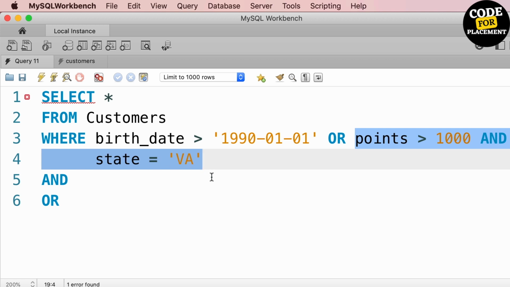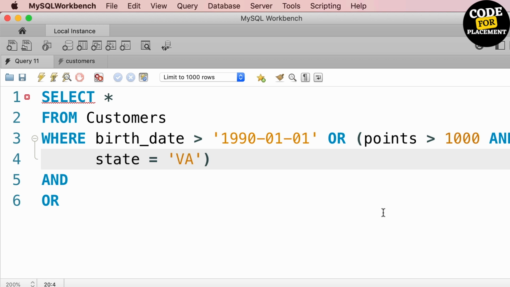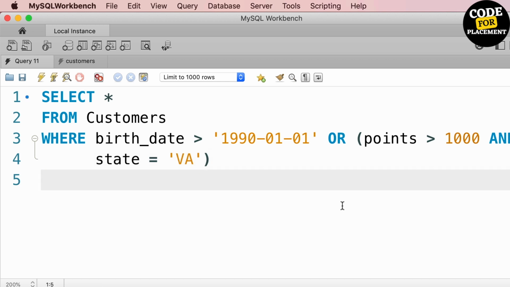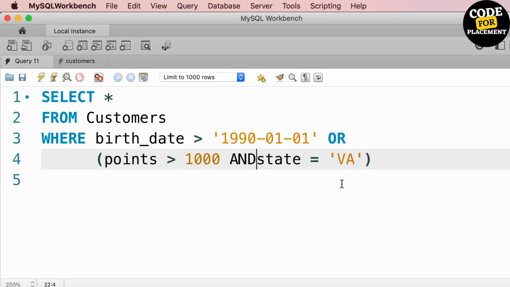So when this query is executed, the query execution engine first evaluates the AND condition. It does not matter that we typed out this condition after the first condition, because the AND operator has a higher order.